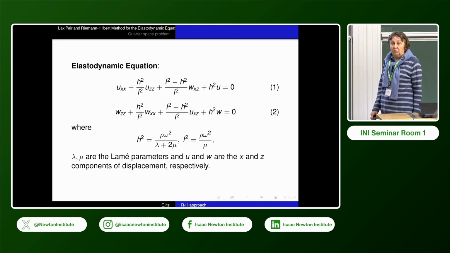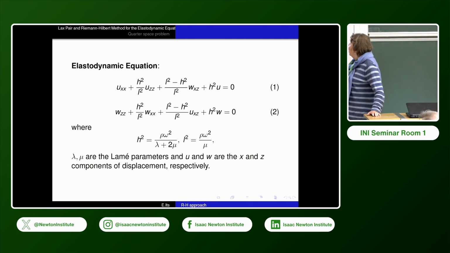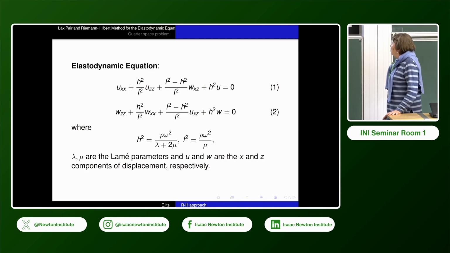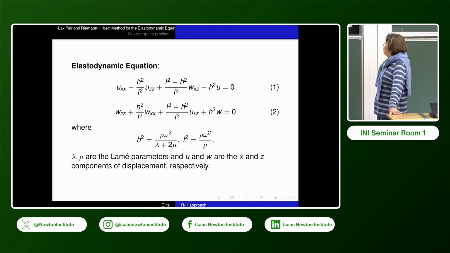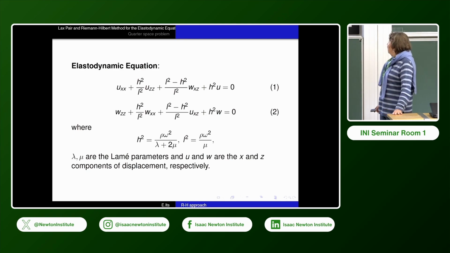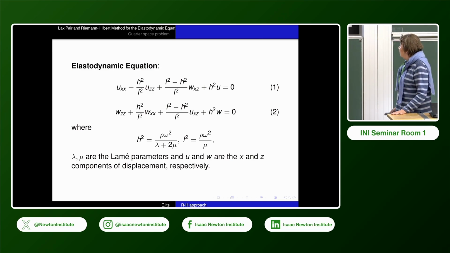So we are solving the two-dimensional elastodynamic equation in the media with parameters lambda, mu, and rho, or alternatively, the combinations of those, H and L. Here U and W are the X and Z components of displacement, respectively.